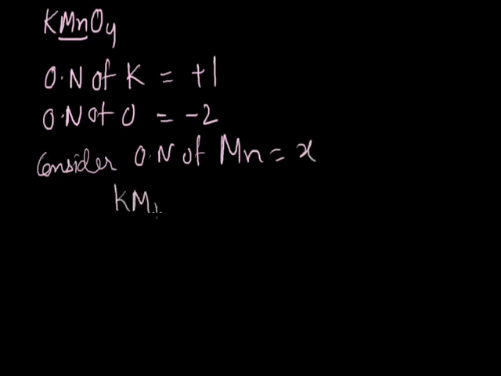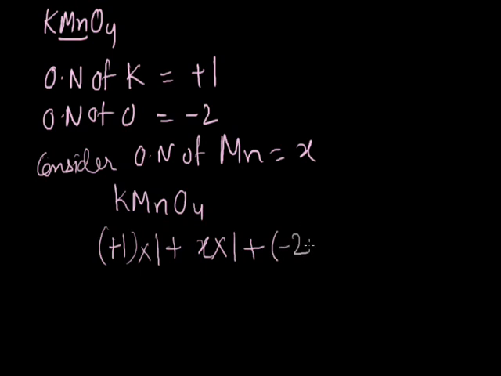Now according to the formula KMnO4, the oxidation number of potassium is equal to +1, and we multiply it by 1 because 1 atom of potassium is present here, and the oxidation number of manganese is equal to x according to our consideration, and we multiply it by 1 because 1 atom of manganese is present here, and the oxidation number of oxygen is equal to -2, and we multiply it by 4 because 4 atoms of oxygen are present here.